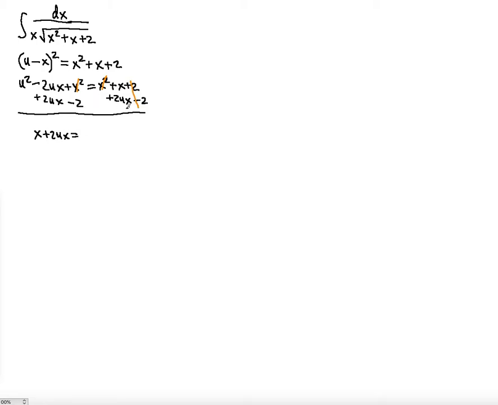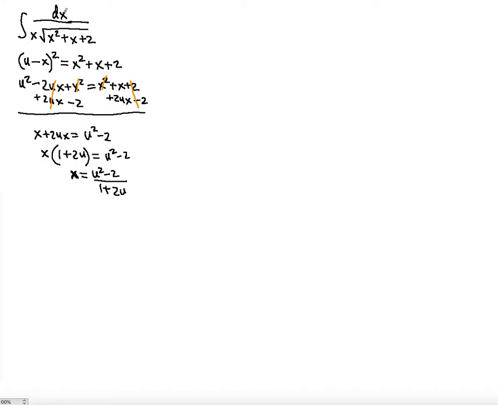This side becomes this side, and here we have u squared, minus 2. As a result, x can be factored out: x times 1 plus 2u is equal to u squared minus 2. Dividing both sides by 1 plus 2u gives us x equals u squared minus 2 divided by 1 plus 2u. So that's the x.